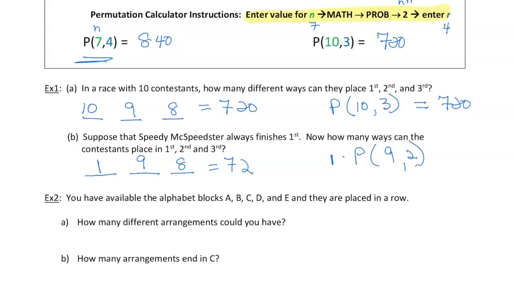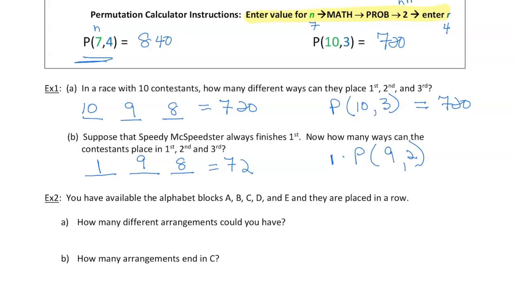And so when I enter that in my calculator, I'm looking for P92. So I should be getting 72.